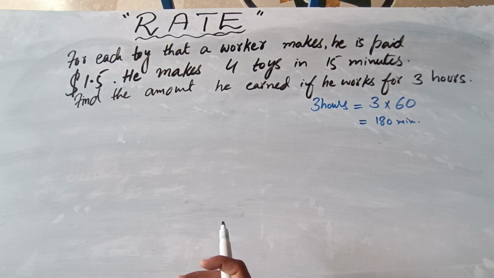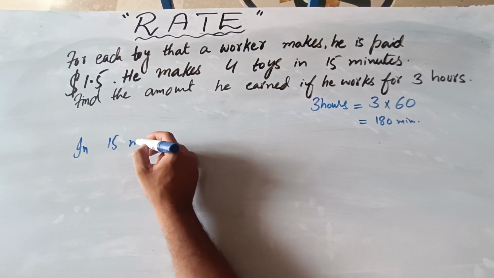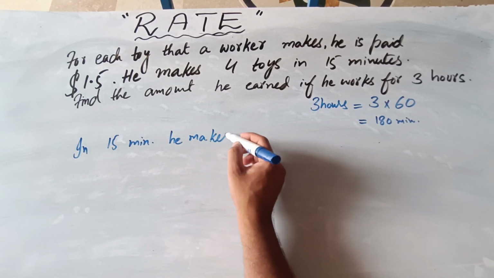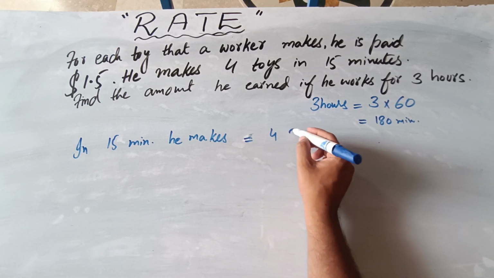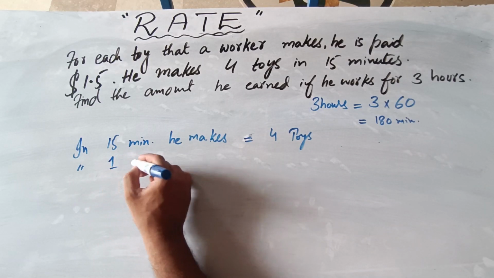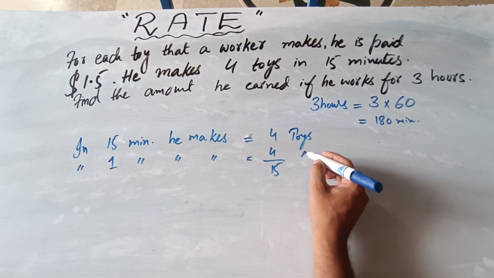So now let's first find out in 1 minute how many toys he is making. In 15 minutes he makes 4 toys. So in 1 minute he is making 4 upon 15 toys.